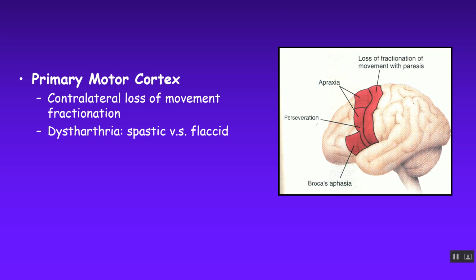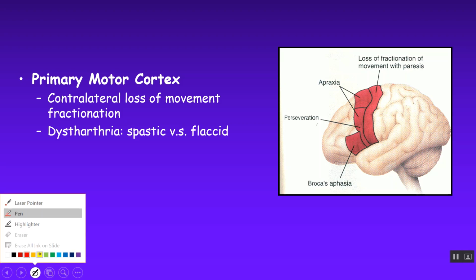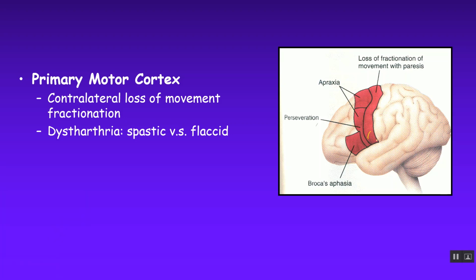If you have damage to the facial area and tongue area, which is going to be right down here, this is Broca's. If you damage this area, which oftentimes you get damage to both, if you just damage this area, you're going to have expressive aphasia.